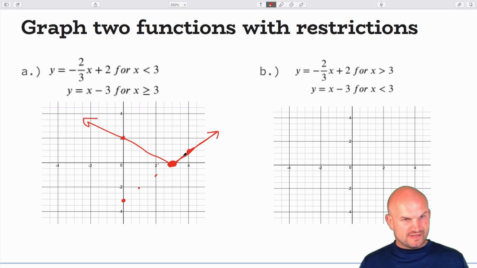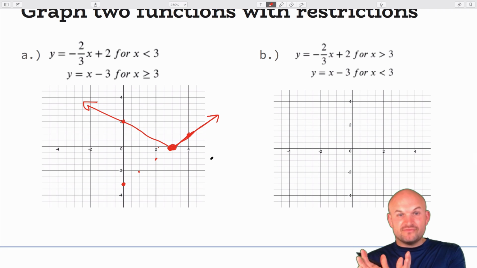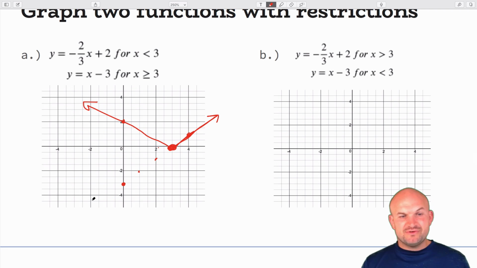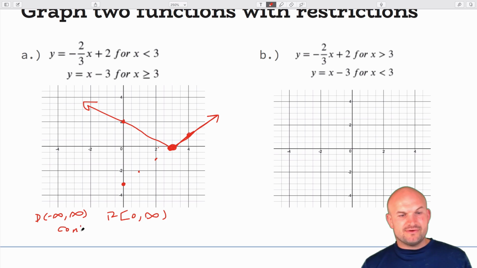It's not perfect, right? But you can see that this graph actually fills in that open circle, and makes the graph continuous. So even though it is two different functions, it's actually a continuous function, which is kind of interesting. So my domain here is all real numbers. My range is from 0 to infinity, and it is continuous.